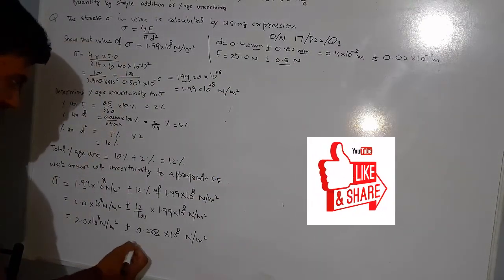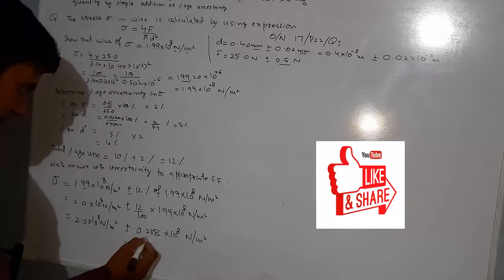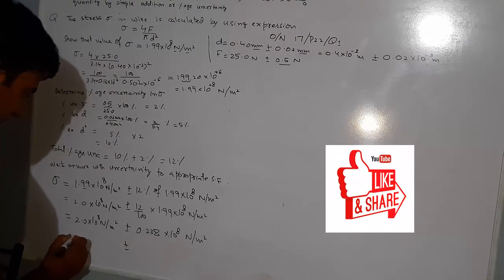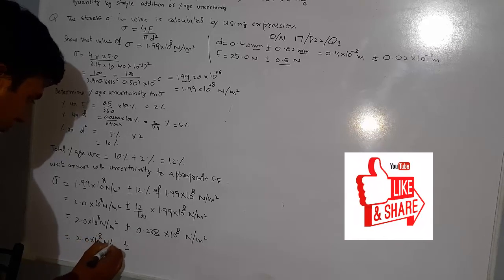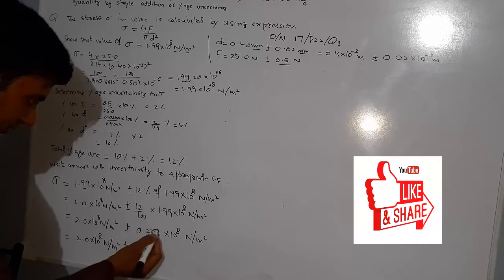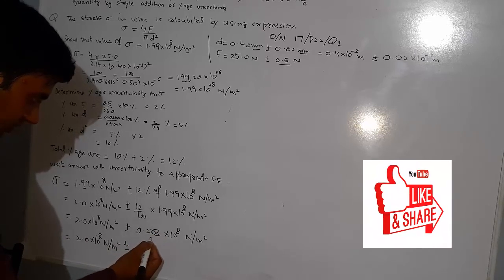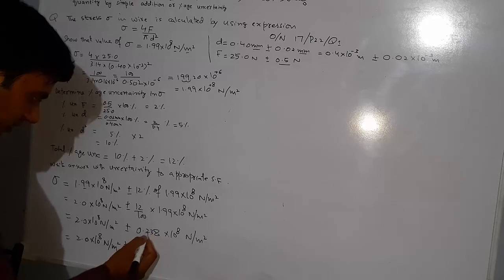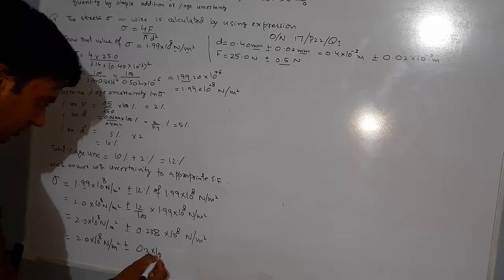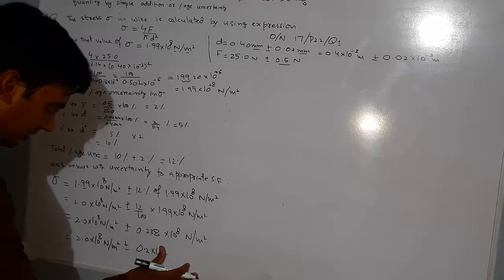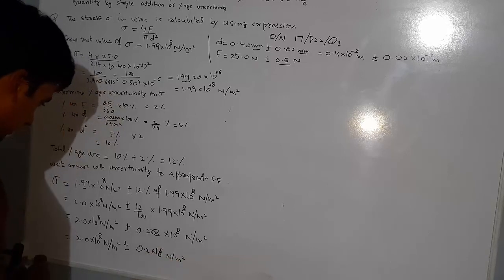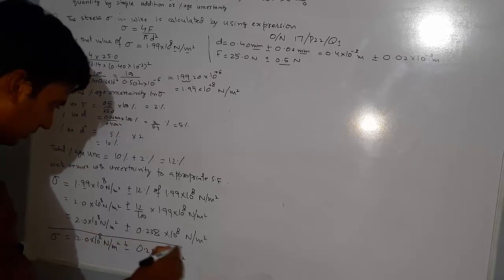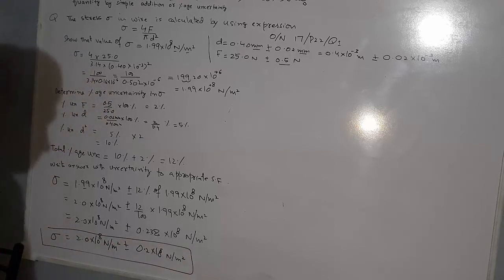So instead of writing plus minus 0.238, we can write 2.0 into 10 power 8 Newton per meter square, and the last digit is 8, so 1 will be added right here, that becomes 0.24 and 4 will be simply dropped, and we write plus minus 0.2 into 10 power 8 Newton per meter square. In this way, we have the final answer.